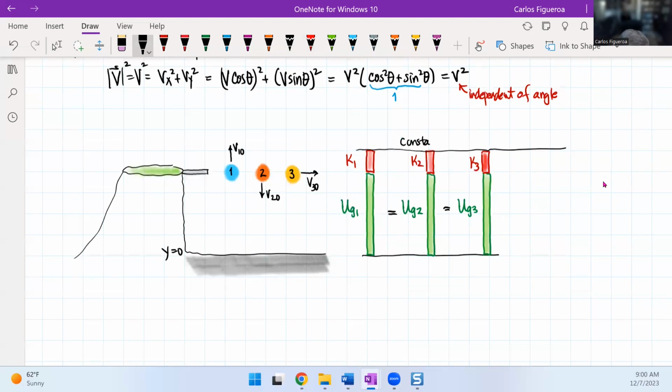constant mechanical energy. So now if I look at when it reaches the bottom, we can see here that the final gravitational potential is 0. Therefore, each of these balls must have the same final kinetic energy.